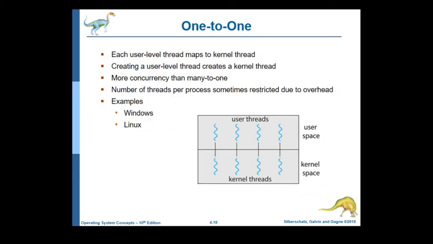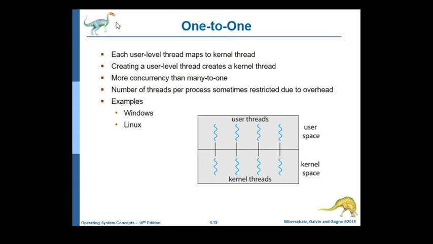The second model is one-to-one. This model maps each user thread to a kernel thread. It provides more concurrency than the previous model by allowing another thread to run when a thread makes a blocking system call.